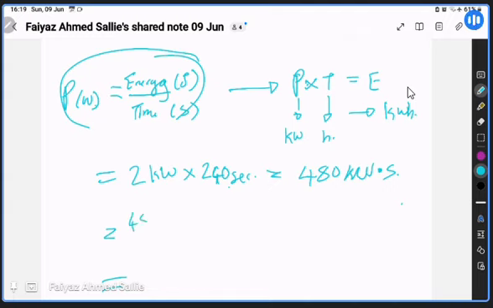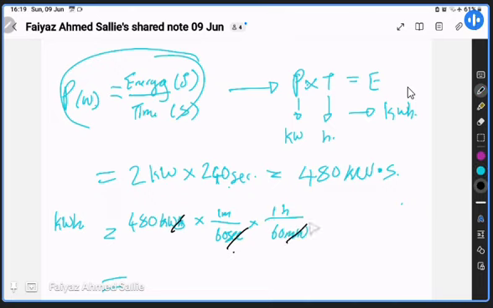So we have 480 kilowatt seconds, and we want kilowatt hours. So then we're going to multiply by 1 minute is 60 seconds, and we're going to cancel them out, seconds and seconds. Then again, we're going to multiply by 1 hour is 60 minutes, and we're going to cancel again.